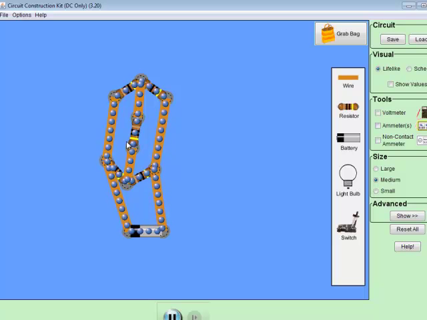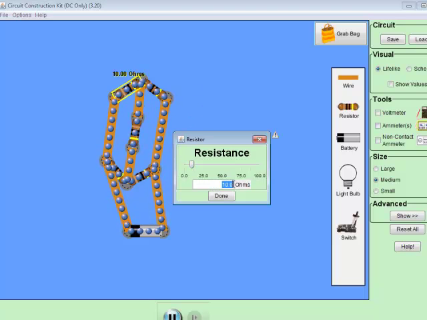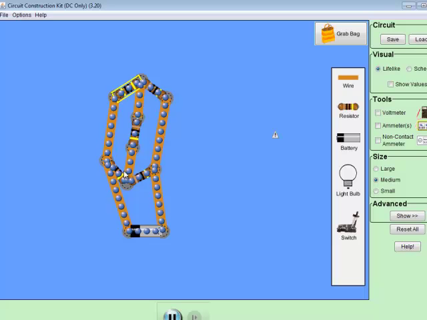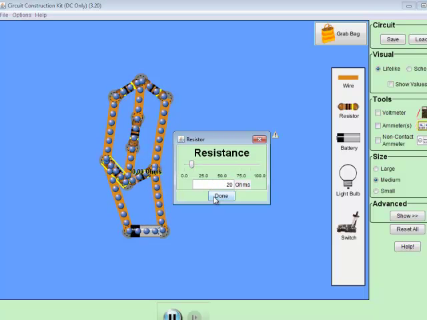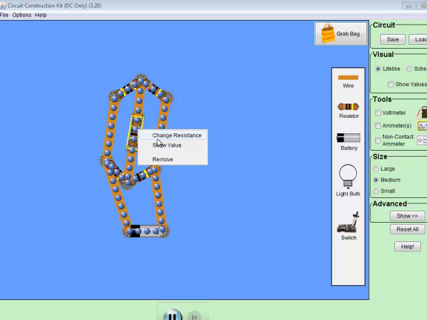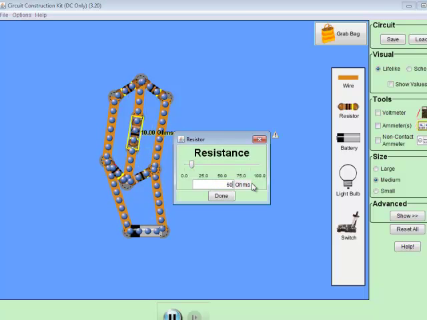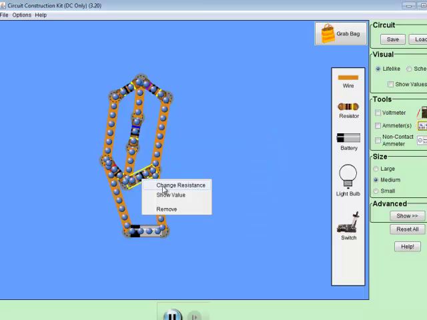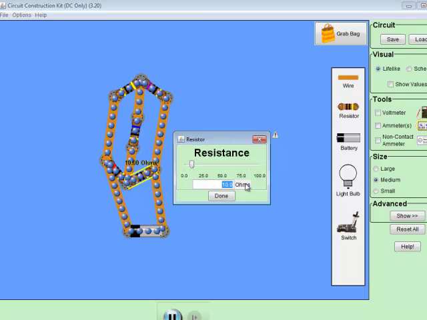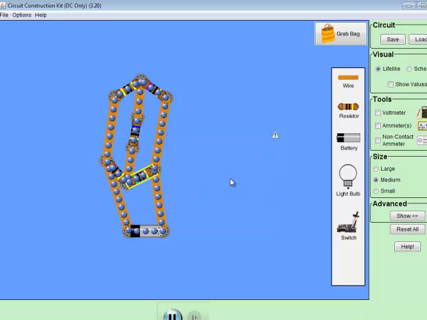Alright, and then I have to change all these resistors: 40, 20, 60, 70, and 50. There we go.